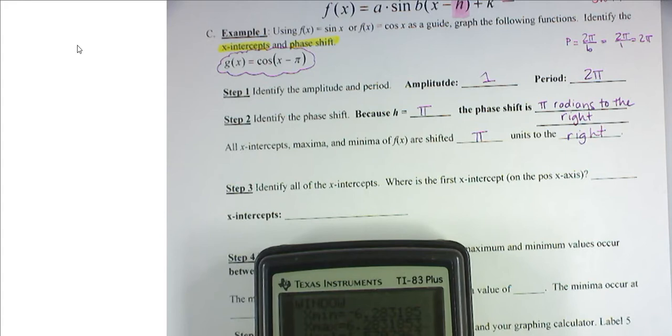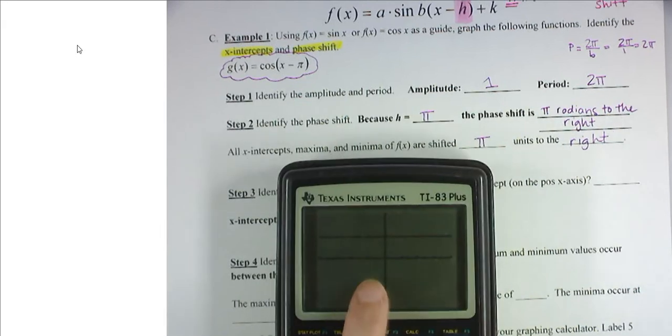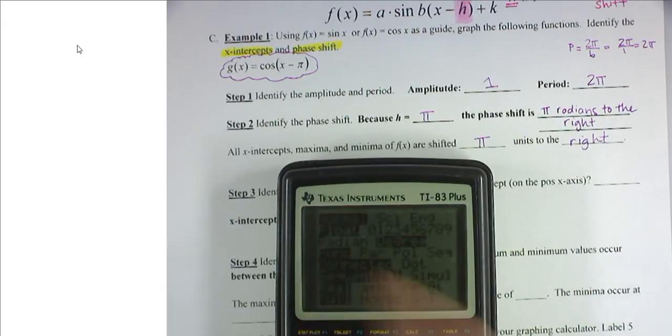If you don't put your mode in radians, this is what you might see. So we do have to make sure that we're in radian mode. All right, now I can graph it again, and I can see my curve. You could also use your calculator to find your zeros to find the x-intercept.